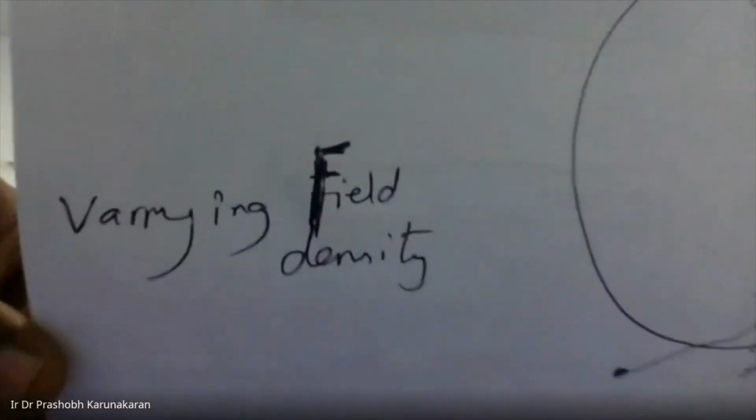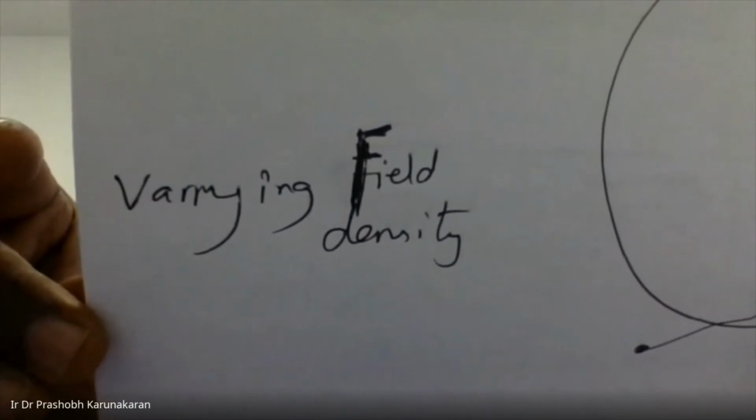Capital F. That way you can still use this as F, because in all schools in the world, they teach you this one is F. But there's a problem if you say this is F. There are some things you cannot explain. So I say this is wrong. You must call it varying field density, then you can explain everything. So that's why in my book, instead of calling this force, I call this F varying field density.